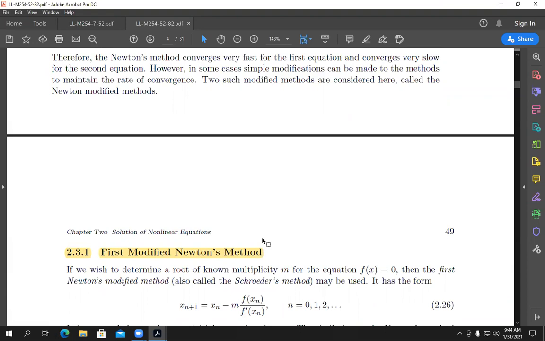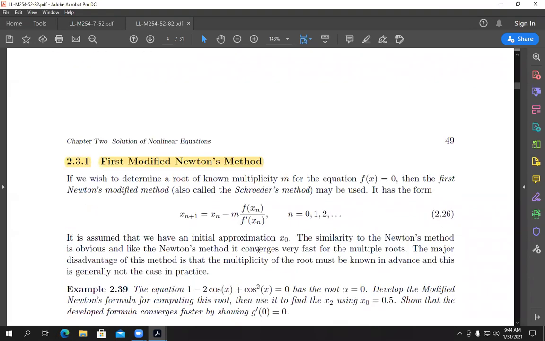The first shape I call first modify, but in the exam I will never mention first and second. It has 2 shapes with exactly the same meaning.